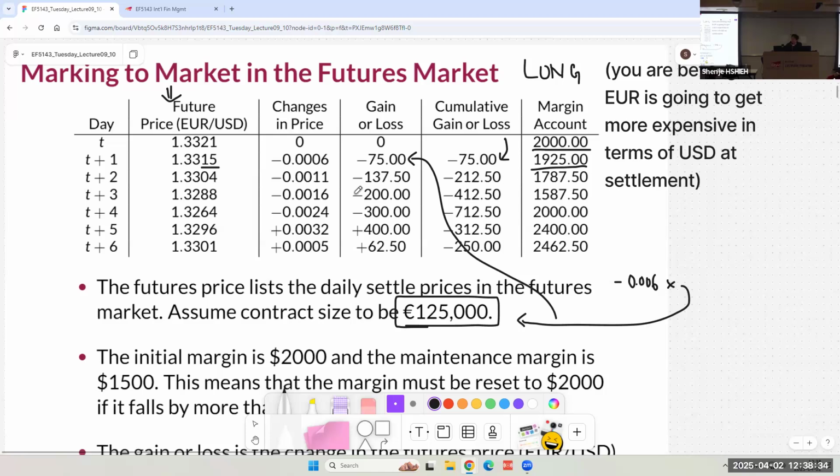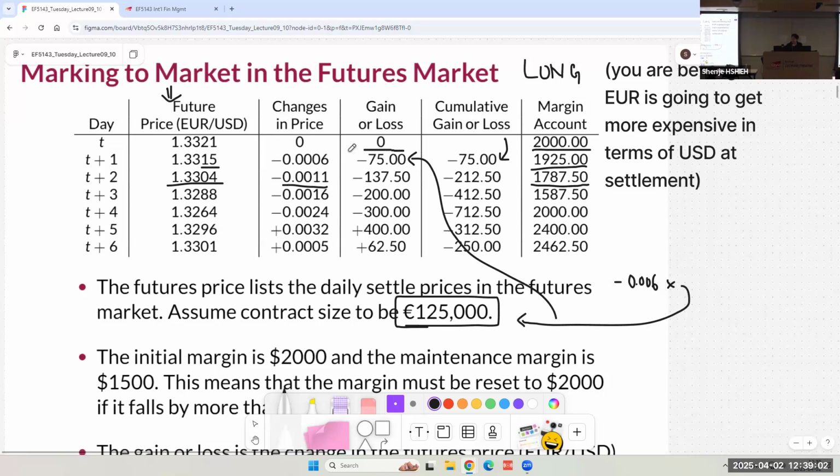So you keep doing this every day. At T+2, it further decreases, another decrease of 0.0011. This number multiplied by 125,000 gives you the amount of loss in dollars. That's $137. That number is deducted from 1925, and so the margin account is reduced further to 1787.